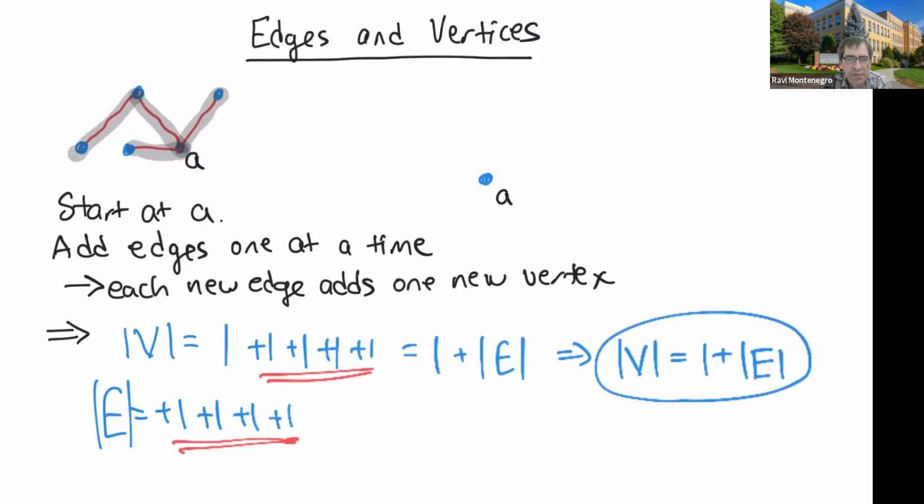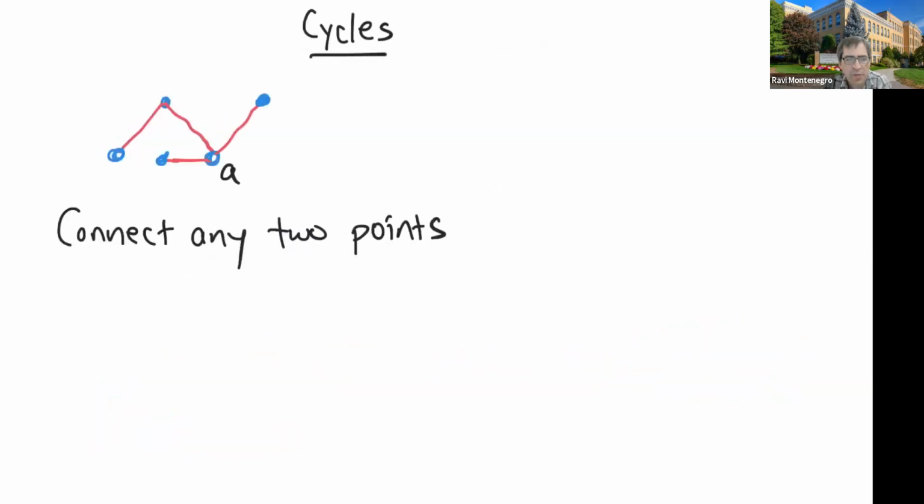So this is one of the key properties of trees. If you have a graph which does not match this formula, then you know it cannot be a tree. Here's another property of trees. The definition said there are no cycles. So here's a tree we've looked at a few times that has no cycles.